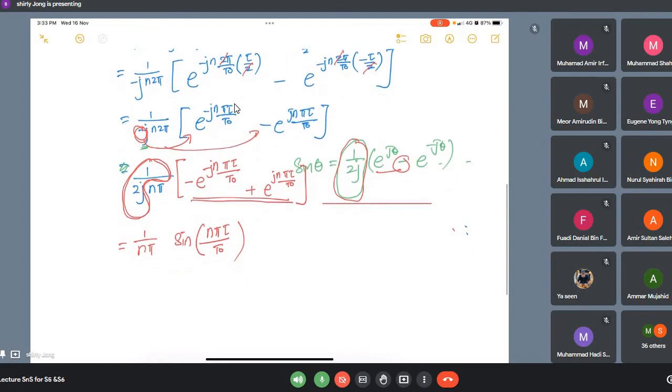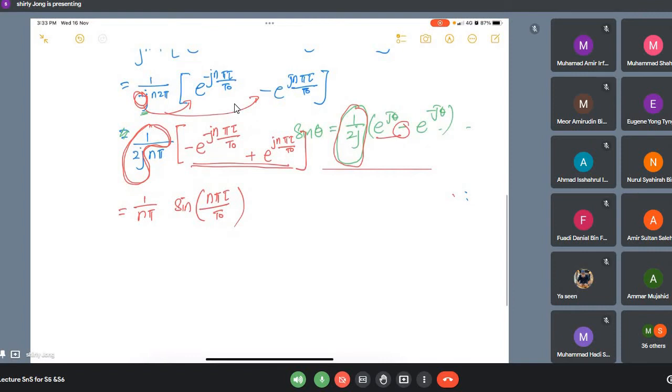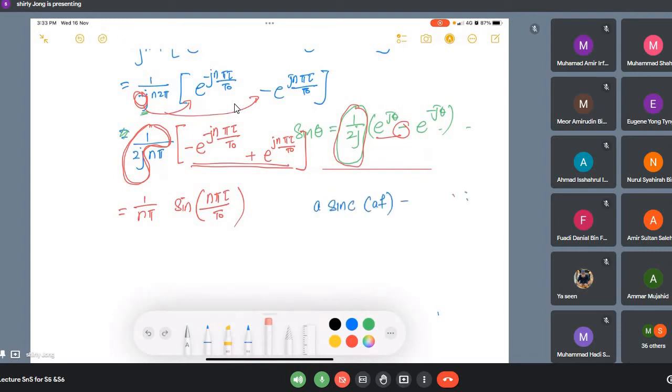So now I want to change to the sinc. Okay, sinc. So a sinc. This is the formula for the sinc.